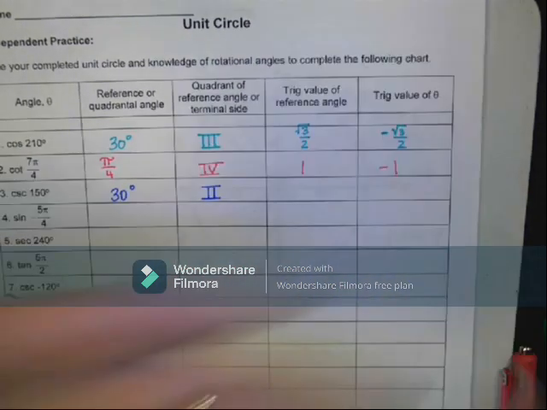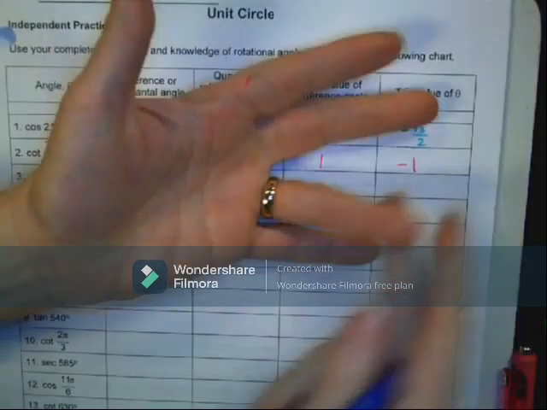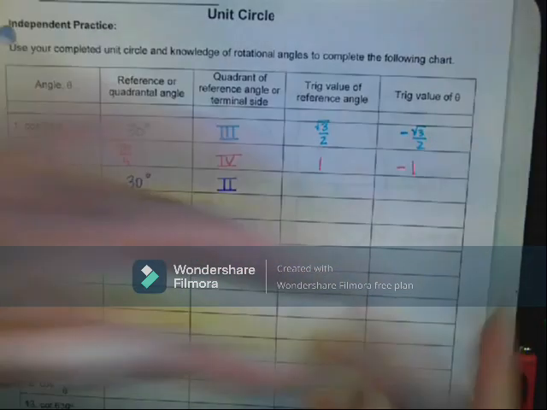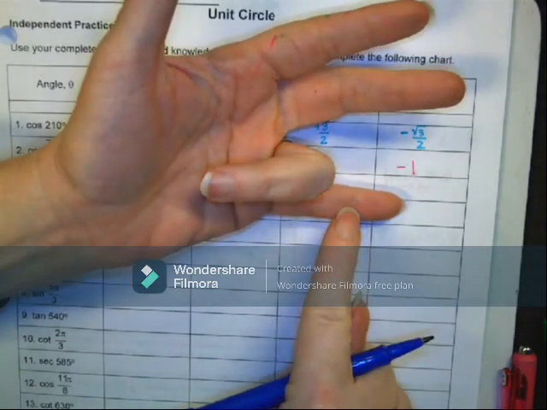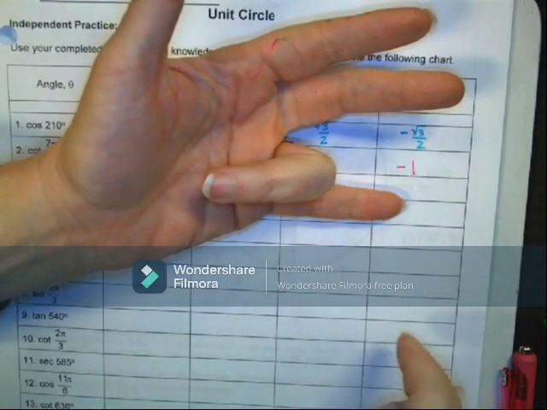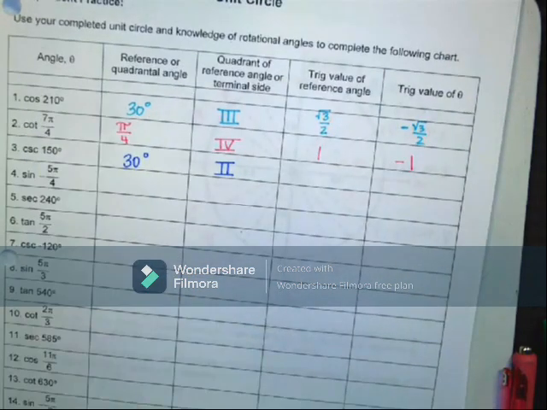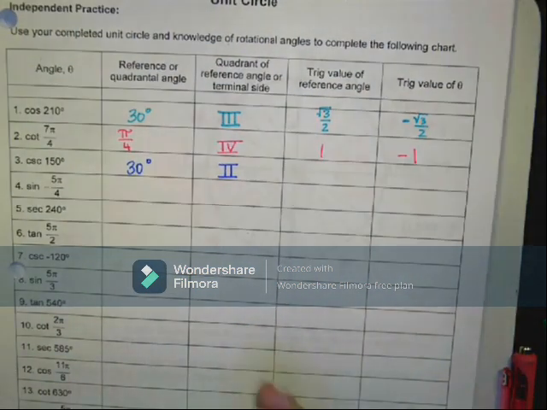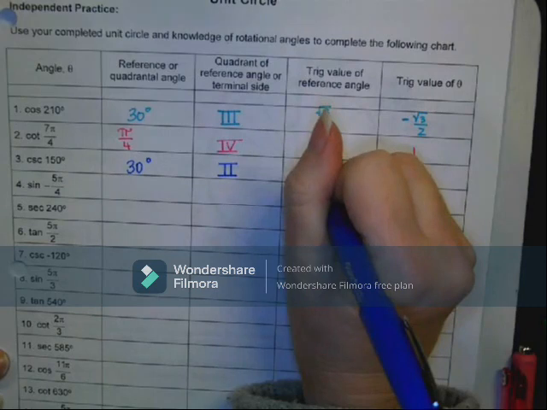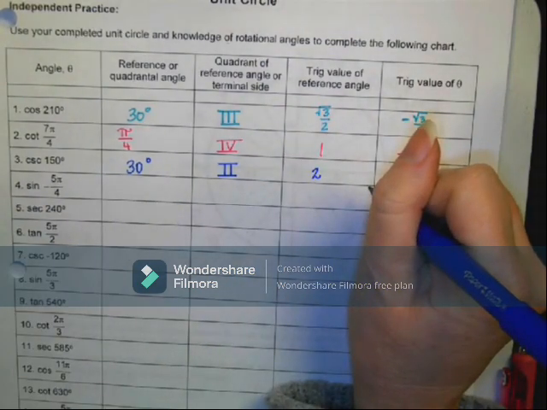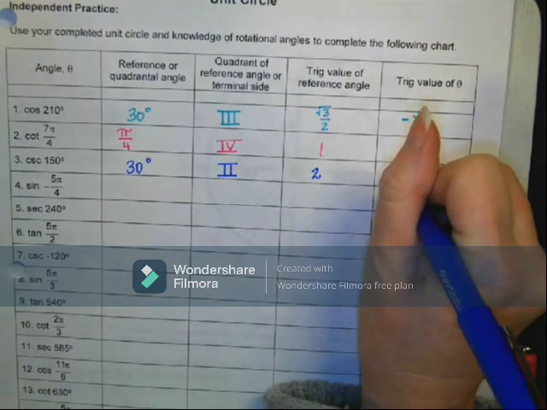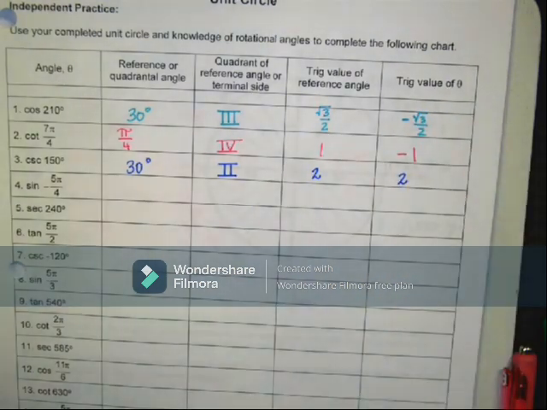Okay, so 30, that's this finger. Cosecant goes with sine. Sine is your y value. So that would be 1 over 2. But this is cosecant, not sine. So I need to flip it over. So it's 2. And in quadrant 2, it's positive, because sine and cosecant are both positive in quadrant 2. And just leave it as 2.